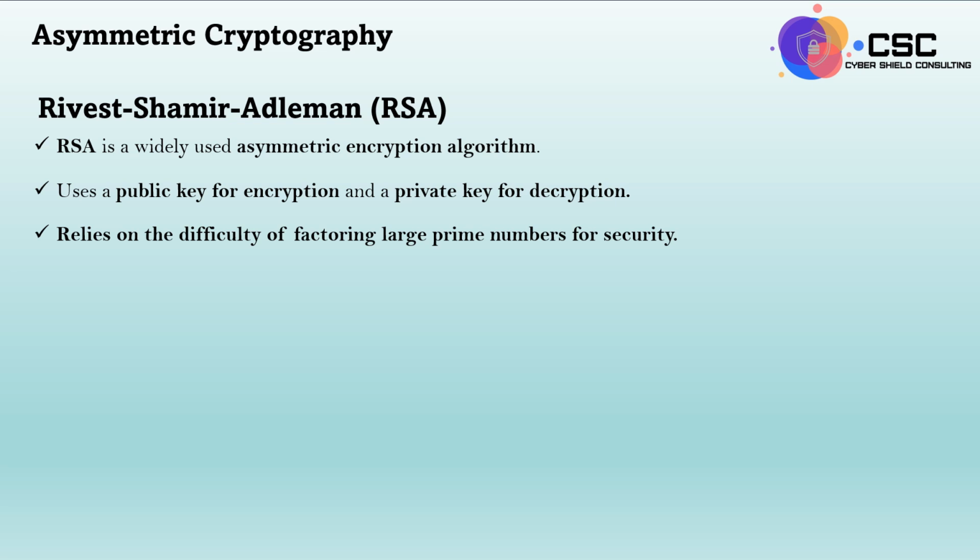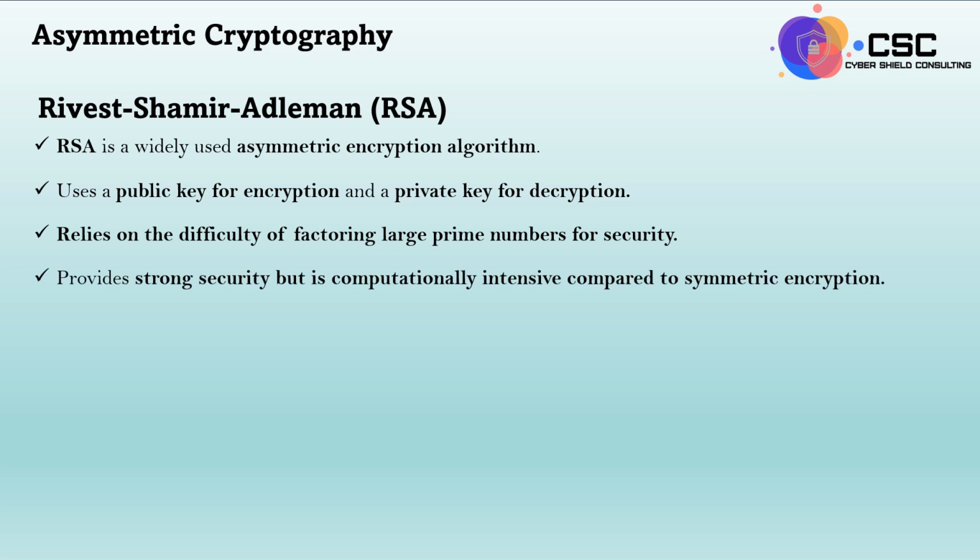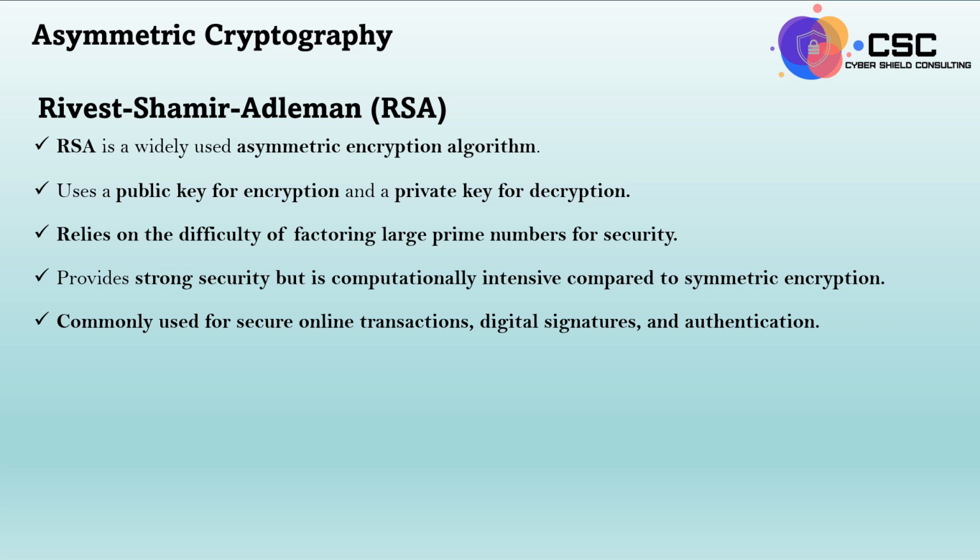While RSA provides strong security, it's computationally more demanding than symmetric encryption algorithms like Advanced Encryption Standard. Despite this, RSA plays a crucial role in securing online transactions, protecting sensitive data, and verifying the authenticity of digital communications. Next, we'll break down how RSA encryption works, starting with the key generation.